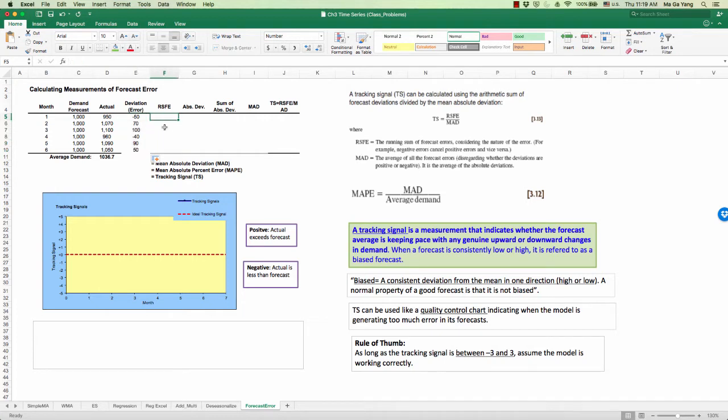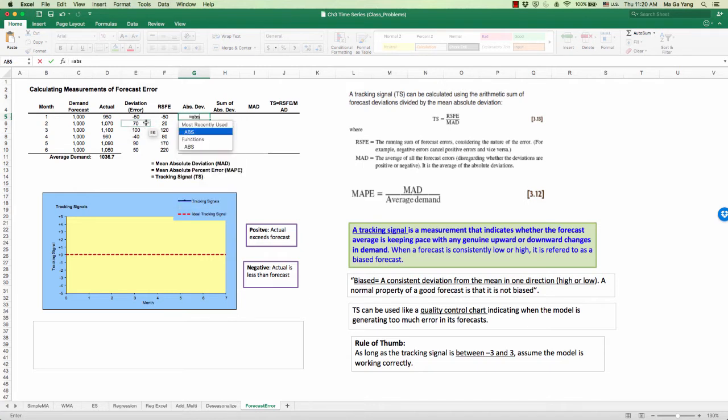The next column is the running sum of forecast errors. Simply you can use the current deviation, then the current deviation plus the next deviation. That way you get the running sum of forecast errors. And for the absolute deviation, you are taking the absolute value of this deviation, so the negative sign will be gone.